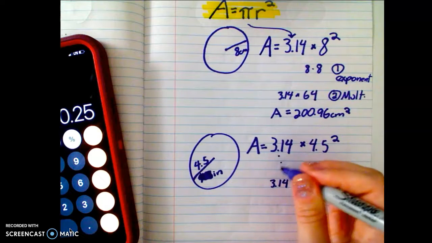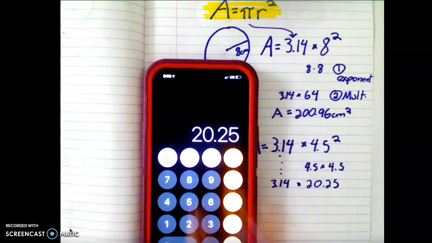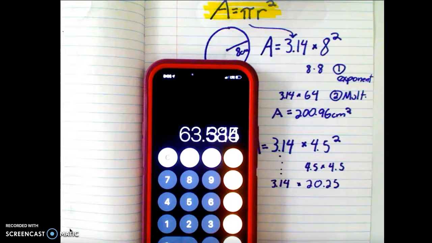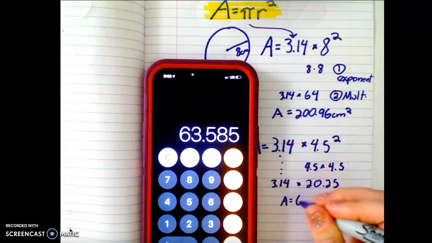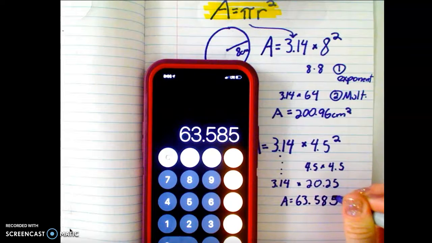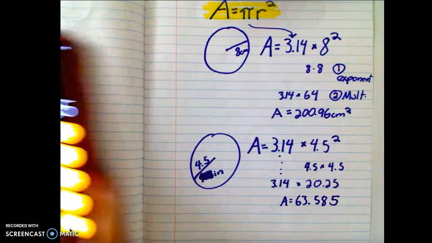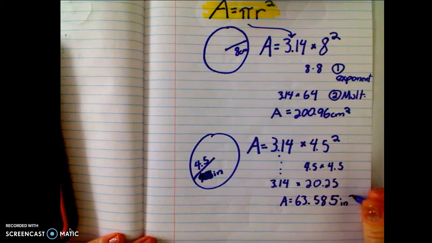Just bring that on down. And I multiply in my calculator. And I got an area of 63.585. And in this example, we were using inches squared.